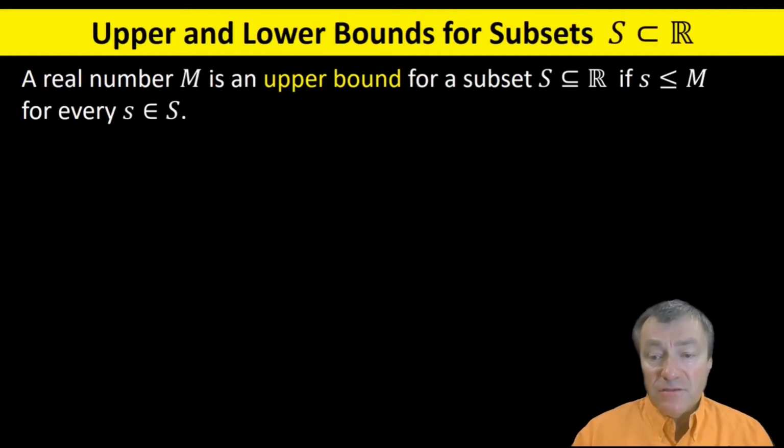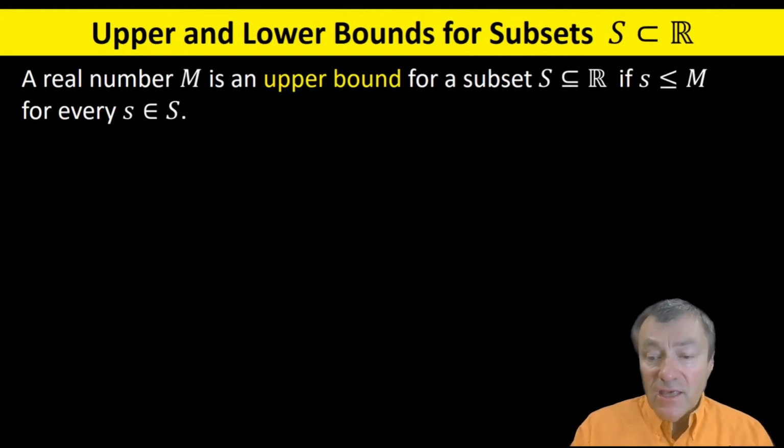Now in one dimension, for subsets of the real line, a slightly different question arises, because here we can talk about an upper and a lower bound for a set S. So in addition to coming up with one number as a bound, we can find two different numbers, one on each side.